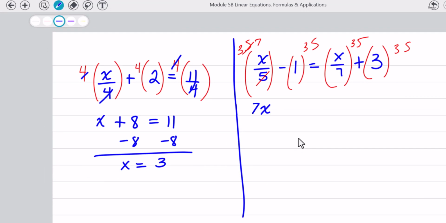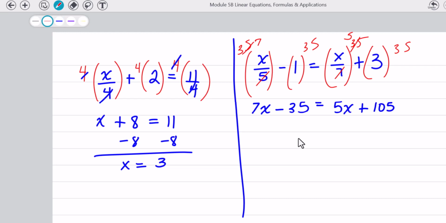And then minus 1 times 35, minus 35. 7 goes into 35 5 times, so I get, put my equal sign there, 5x. 35 times 3 is 105.